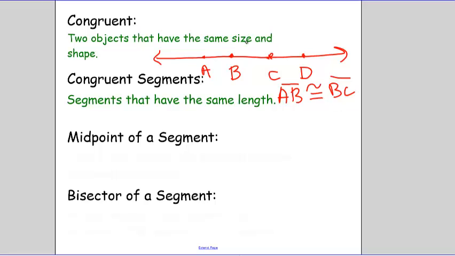Even though it doesn't look like it from my diagram, we can mark up our diagram and say, well, that and that are equal. But say that these were also congruent, and I'm going to add in another one here.